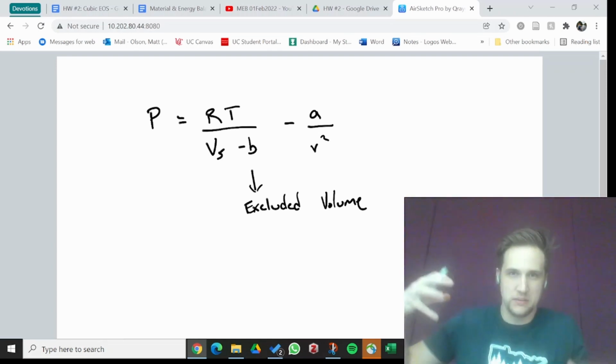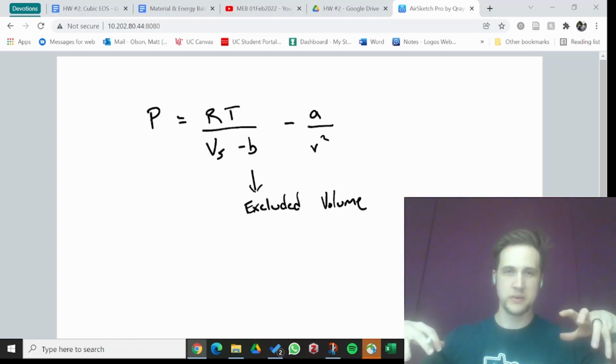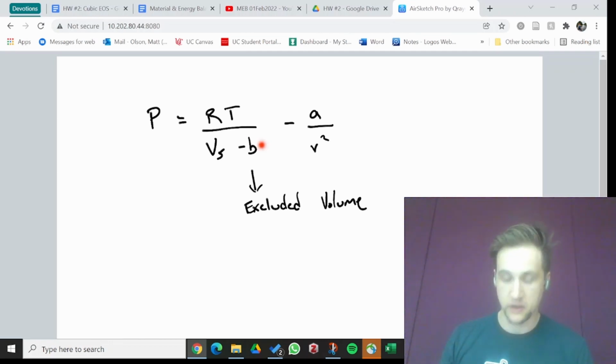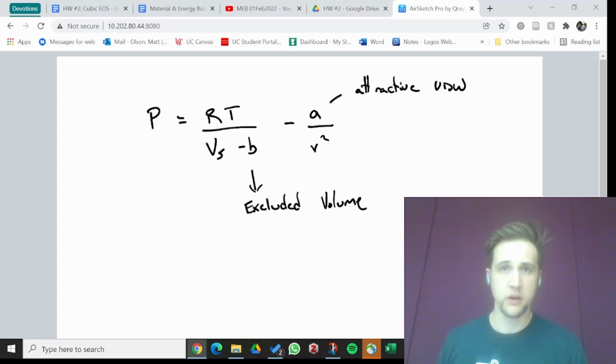And so I can't mesh in and merge in with a student on the school bus. There's already spots on the school bus that are already taken up. And that would be our excluded volume here, which is what we're considering. And then the A right here, this is the attractive van der Waals forces between the molecules.